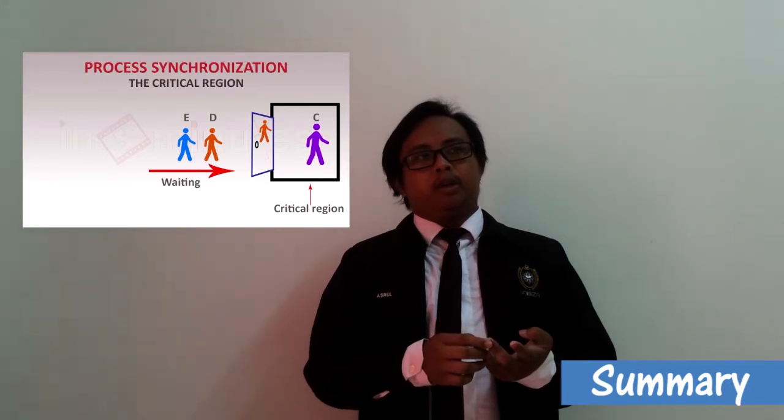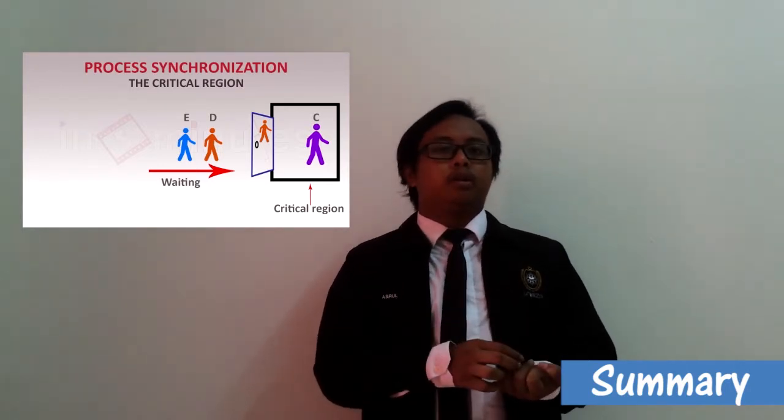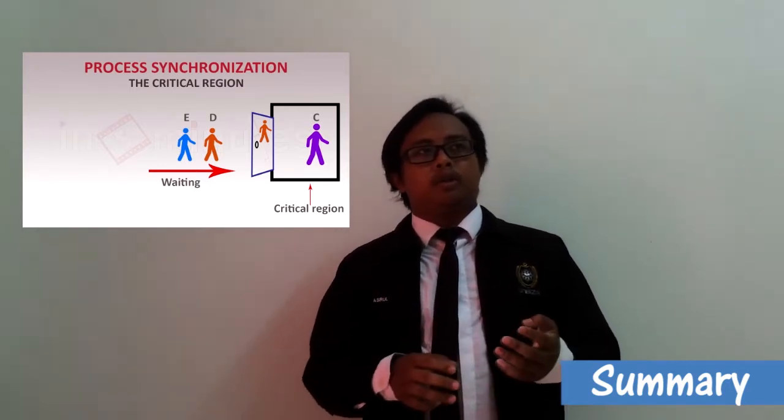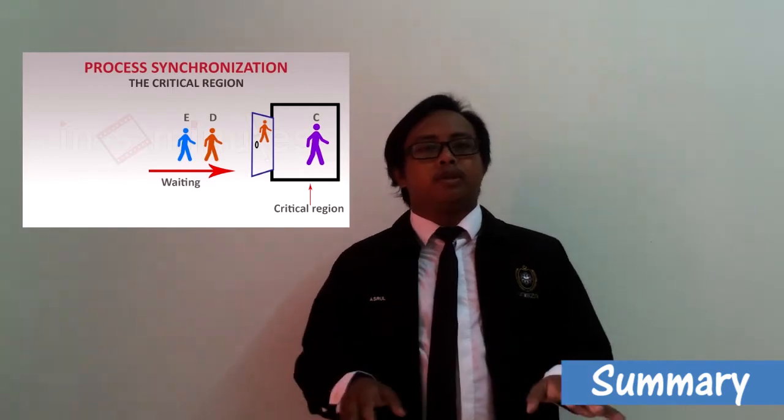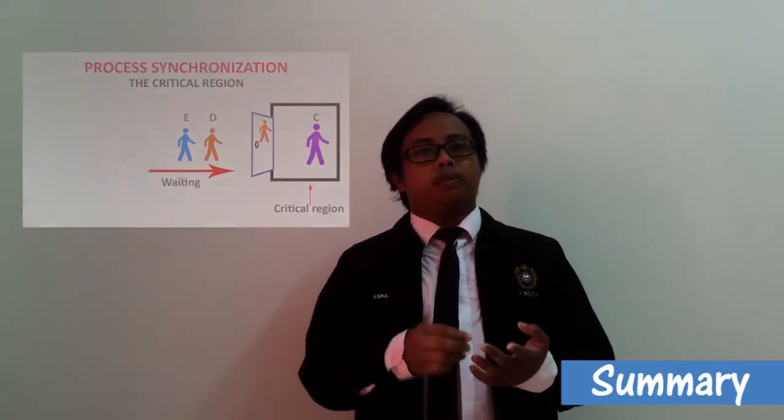Then it will continue for D and E. It's not necessarily the case that a process that comes to the critical region will complete. There might be a case where C ends the process and must repeat it again. So C must wait at the last place in the queue in the waiting section.